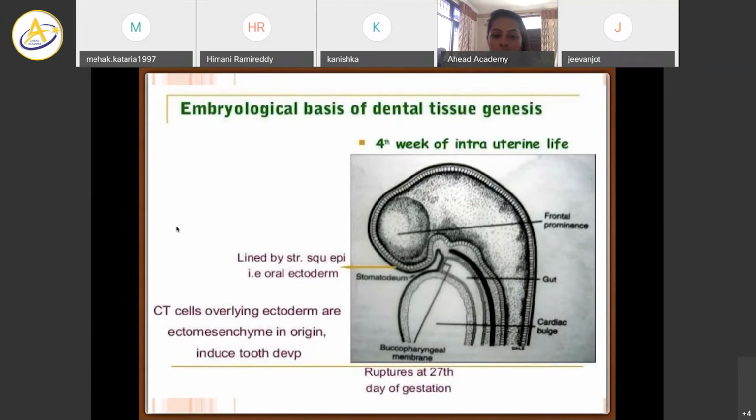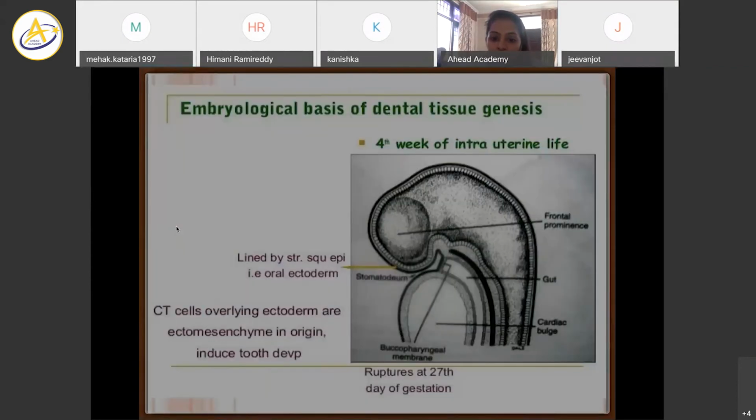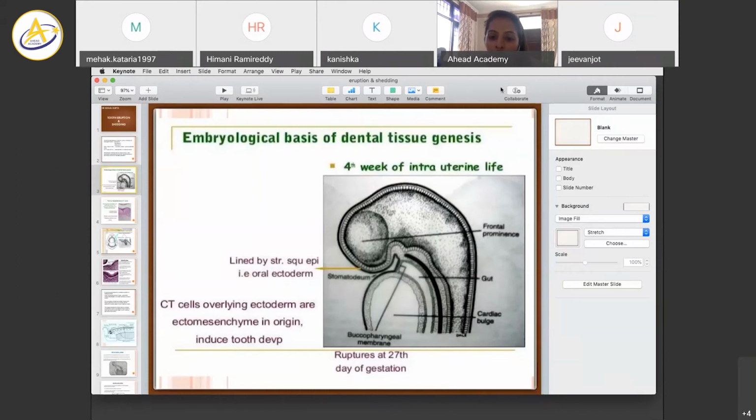This is your primitive stomatodeum, right? And you have this line here. This is the buccopharyngeal membrane. You have the frontal prominence here, and the buccopharyngeal membrane is separating the stomatodeum and the gut. You can see this.